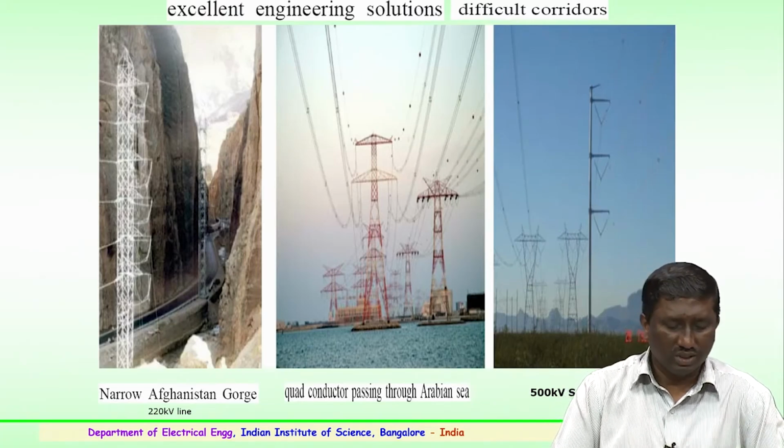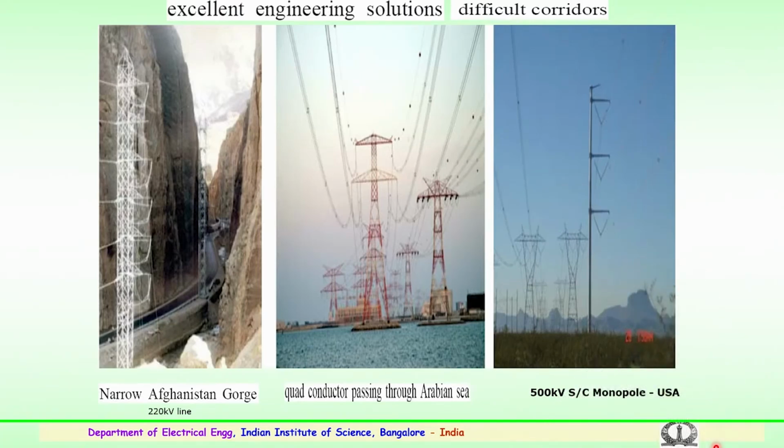So, what happens in case the transmission has to be carried out at various locations which are very difficult, unlike normal flat conditions? Again, the engineering has to be looked into about the configuration and proper estimation of the clearances.